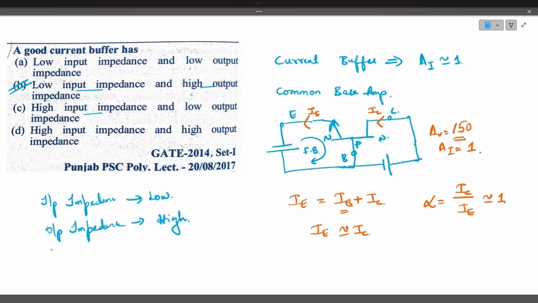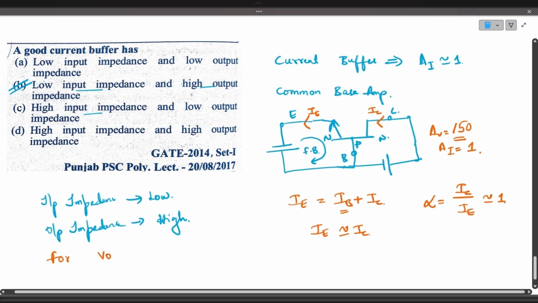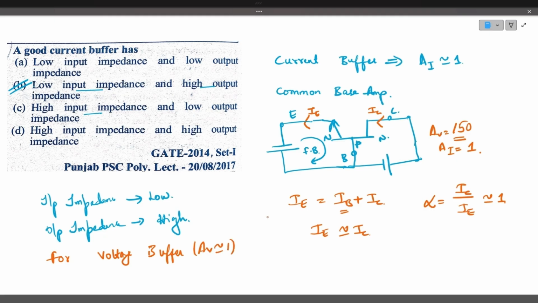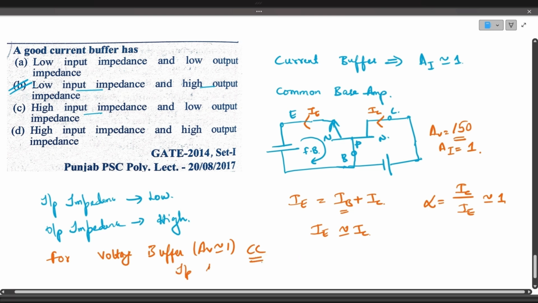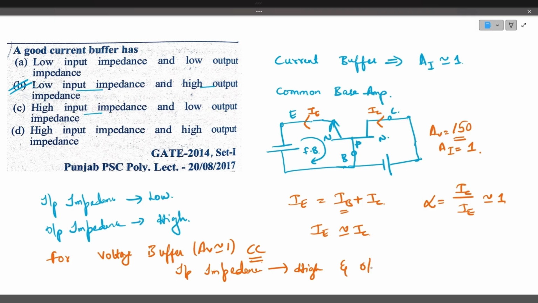Reverse. For voltage buffer means the device which offers voltage gain equal to 1 and current gain will be there. The example for this is CC, common collector amplifier. Input impedance is high. Output impedance is very low. Okay, like this you should understand.